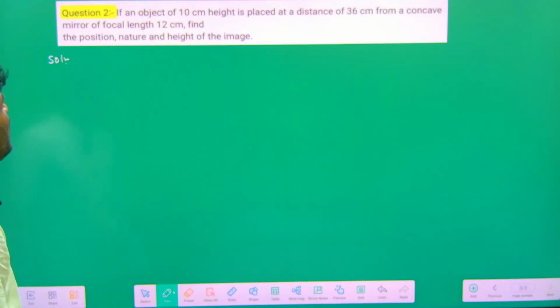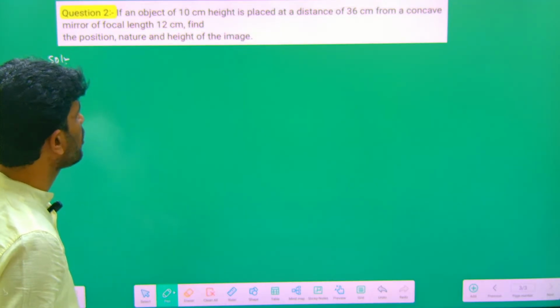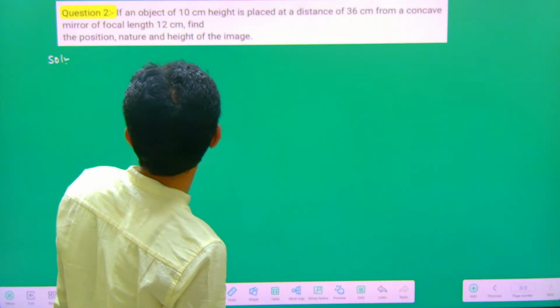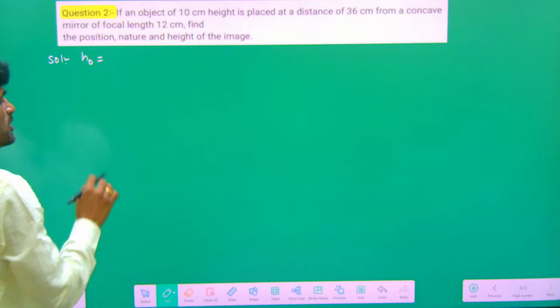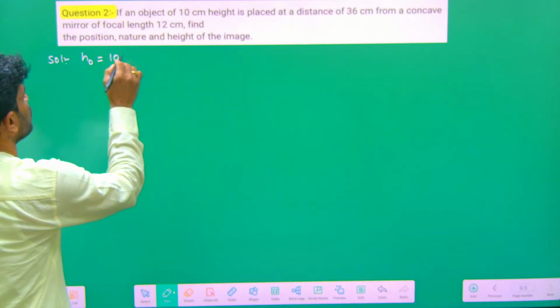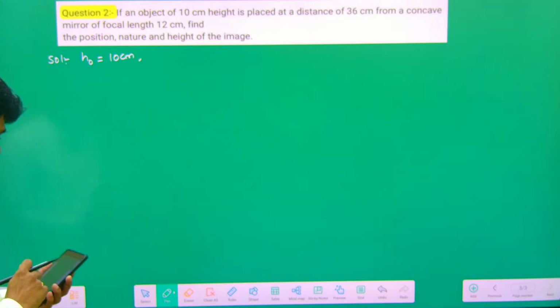An object of 10 centimeters height is placed, so the height of the object is given. I told you the height of the object should always be taken positive. So HO is equal to plus 10 centimeters. That is the first point we know.